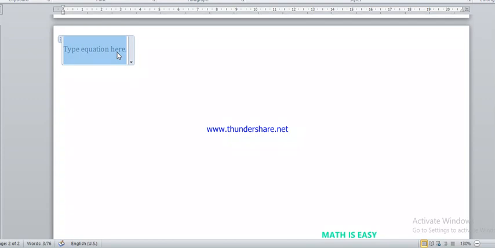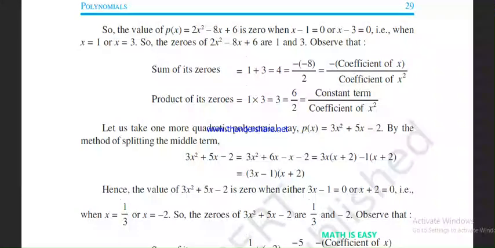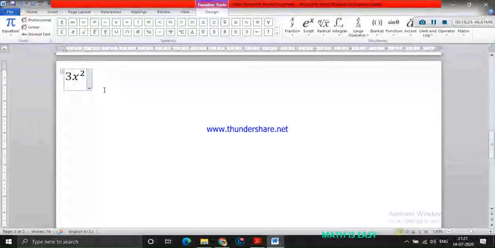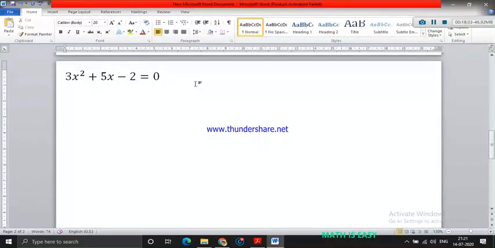You have to type the equation: 3x square plus 5x minus 2 equals to 0. So this is a quadratic equation. When I say equation, equals to 0 must be there.